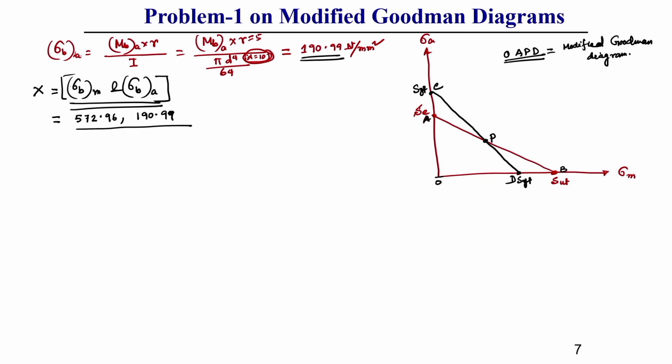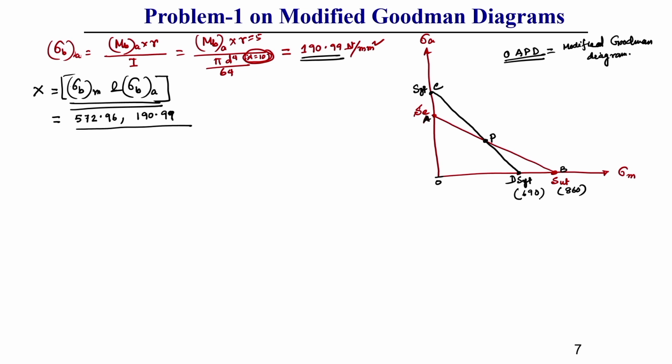Once I plot, here you see this yield stress is given as 690, okay, and ultimate stress is given as 860.